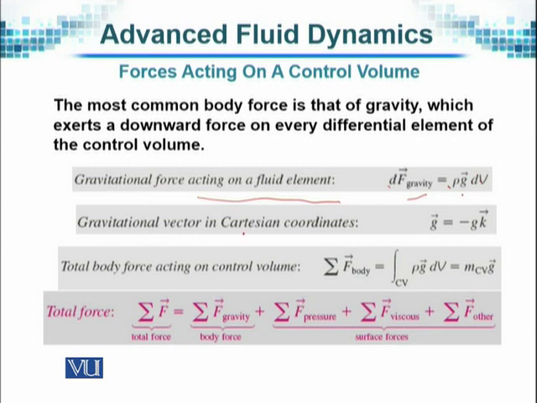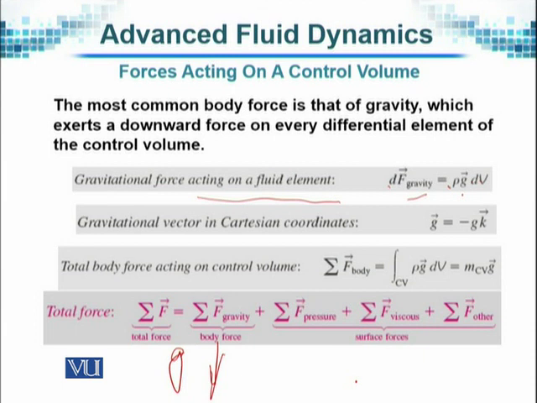Gravitational vector in Cartesian coordinates. Since g acts only in the downward direction, its x component, gx, is 0. Its y component is also 0, and therefore its only non-zero component acts in the vertical direction.